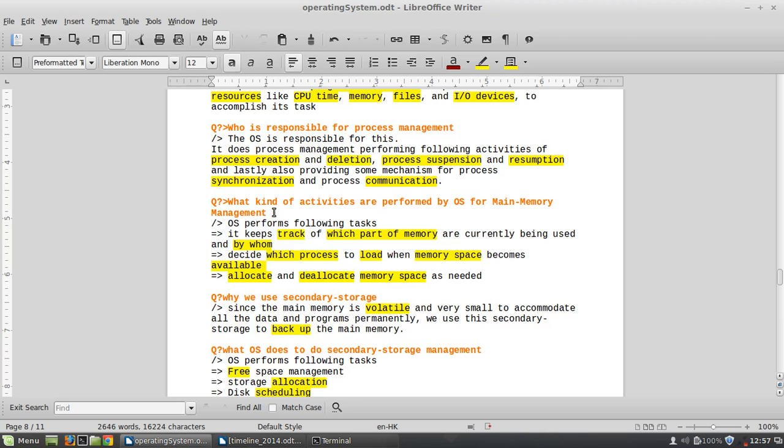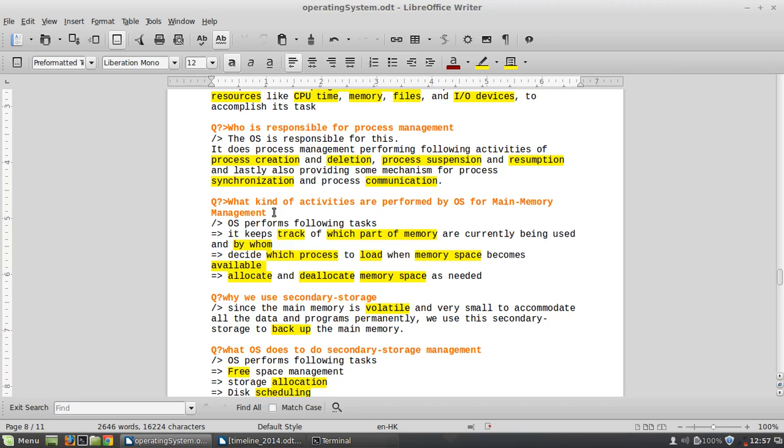This tracking is done by the operating system while it manages the main memory.